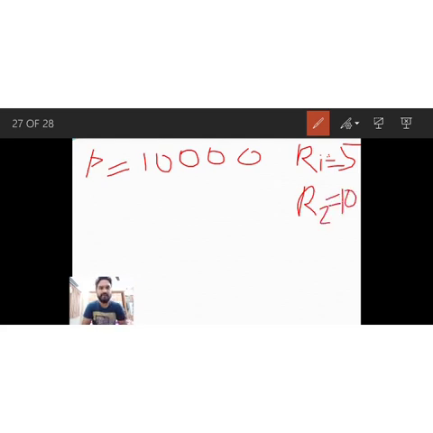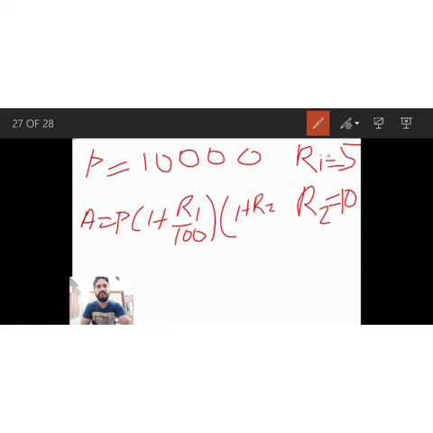We have the rate of interest for the first year as 5% and for the second year as 10%. Now what we have to do is simply put in the formula: A equals P times (1 plus R1 by 100) times (1 plus R2 upon 100). In this we are not supposed to put n because we take individual years.